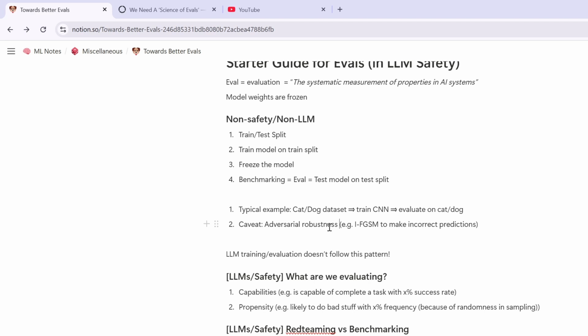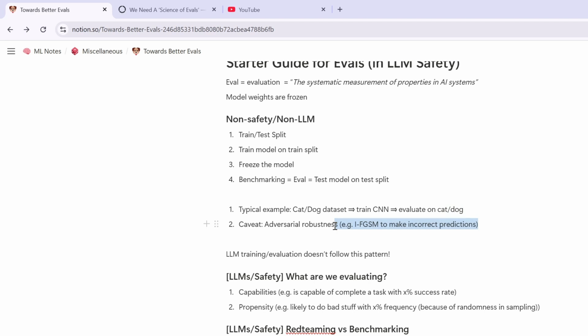For the cat dog image dataset example, maybe you train some CNN on the train split of this cat dog dataset, but in your evaluation, you don't evaluate it on the same cat dog dataset. You evaluate it on a noisy version of the cat dog dataset, say by applying some algorithm to add some noise to each of the input images, and then you evaluate how good your training procedure and your model architecture is on this particular classification task with noise in the inputs.